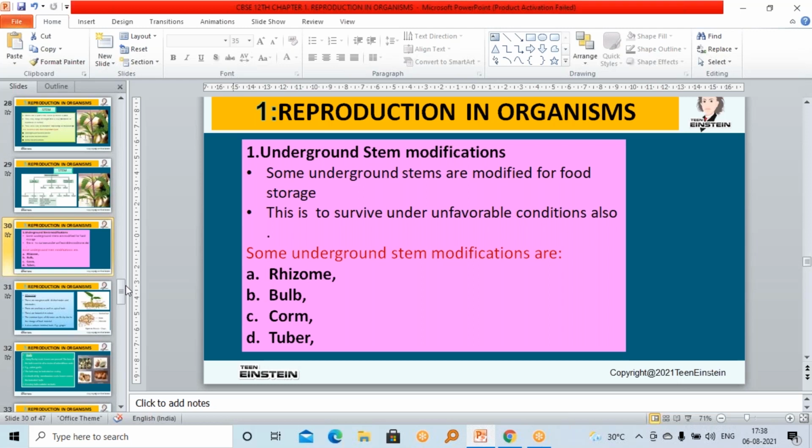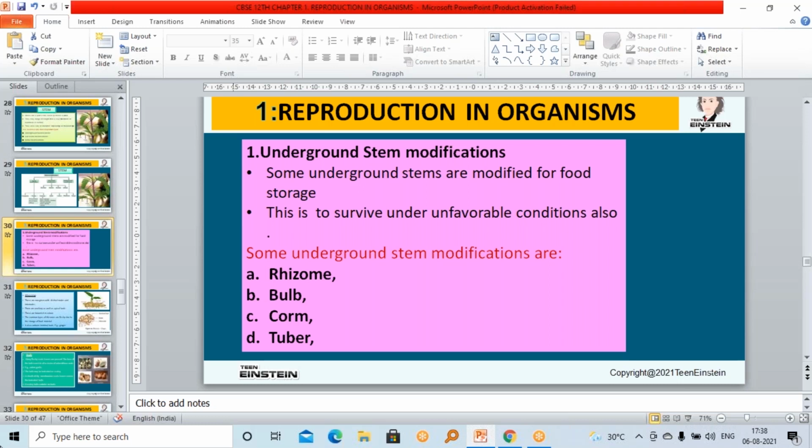To survive unfavorable conditions like a drought season or winter season, they skip one season and survive from one germination season to another. This is called perennation. So mainly for perennation and storage of food, these underground stem modifications are helping.